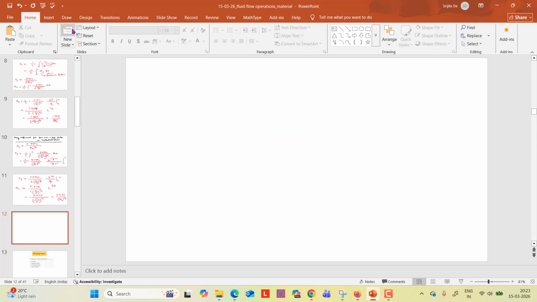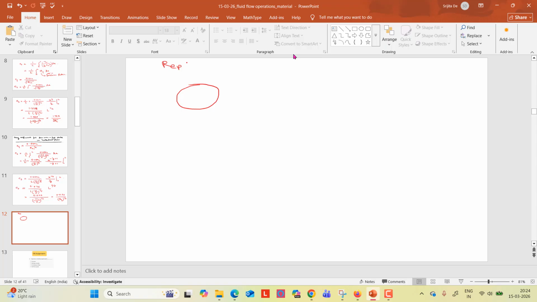Next, we will discuss where the separation happens, with an image. Suppose there is a spherical particle, and the Reynolds number is high.